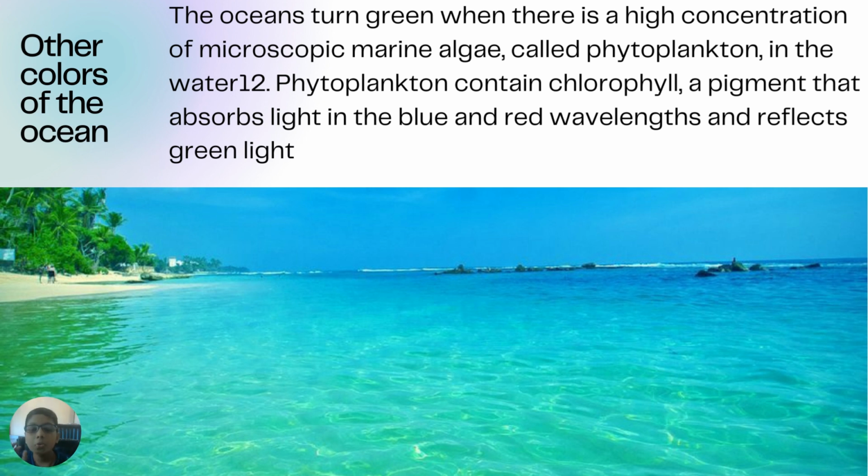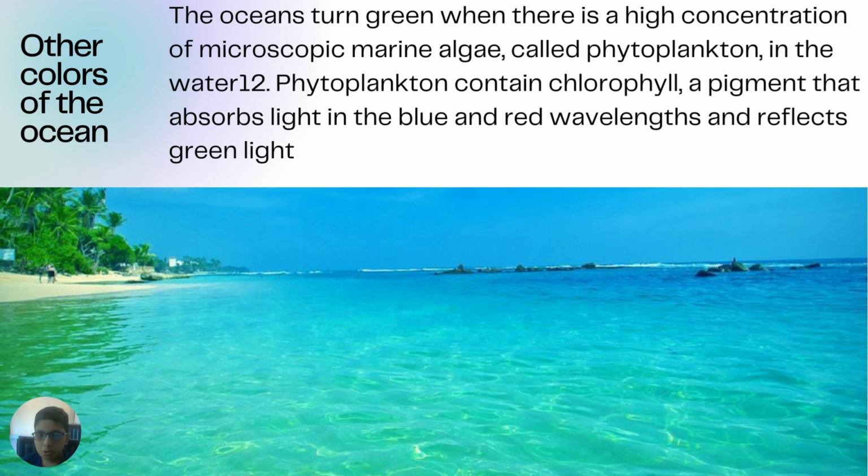Okay, what is chlorophyll? Chlorophyll is a pigment that absorbs the light in the blue and red wavelengths and reflects the green light. You can also do an experiment: turn on a blue light torch, put a leaf on it. There is going to be a totally dark leaf.